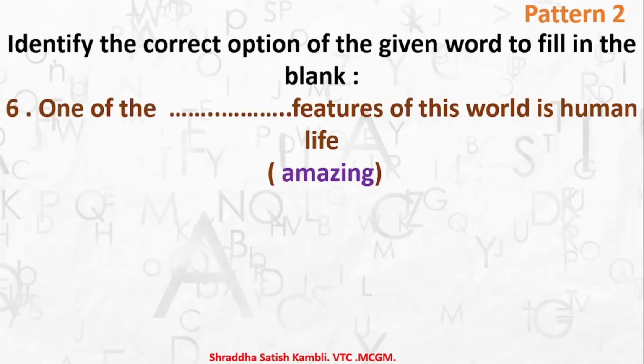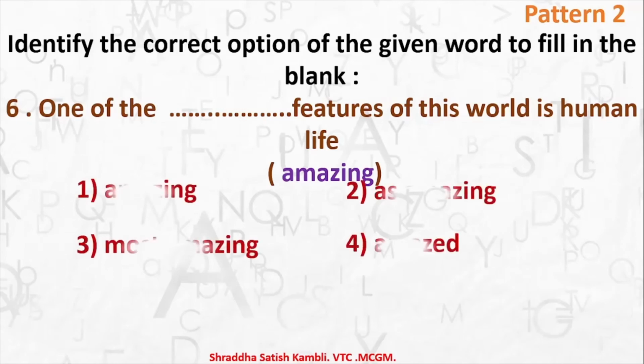So the word is amazing. Now you have to see which form of this word will be correct. So will it be one of the amazing features of this world is human life, one of the as amazing features, one of the most amazing features, or one of the amazed features?